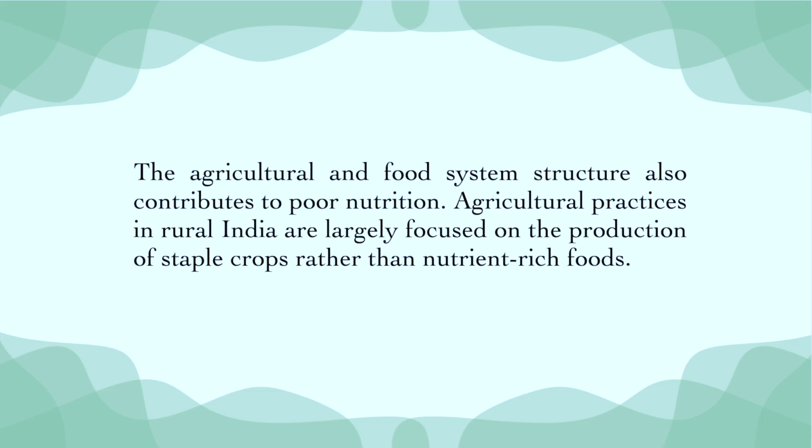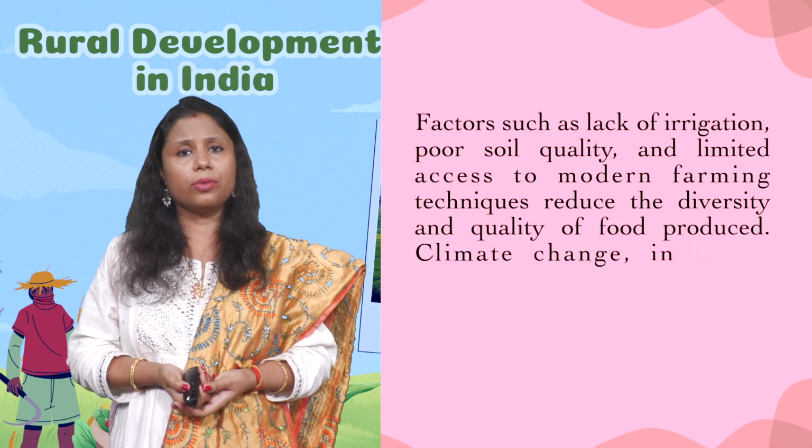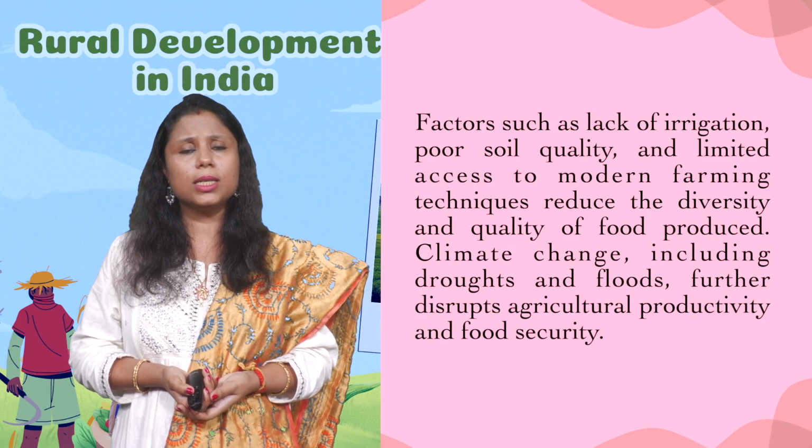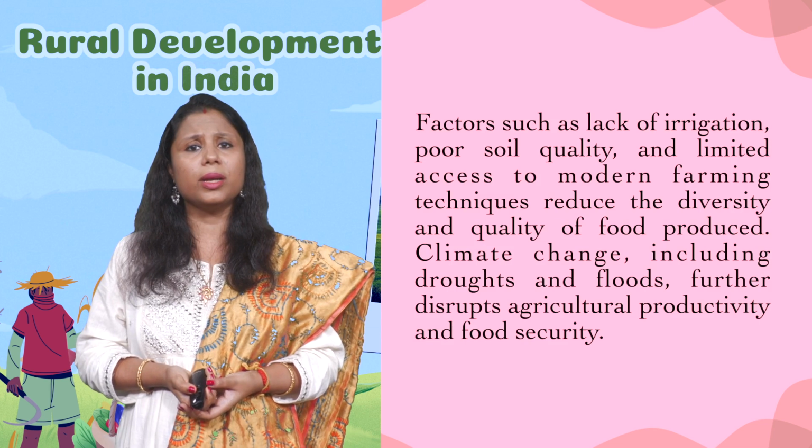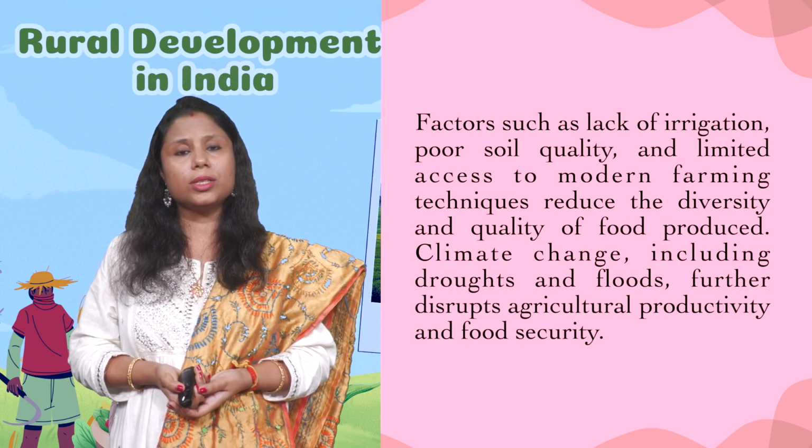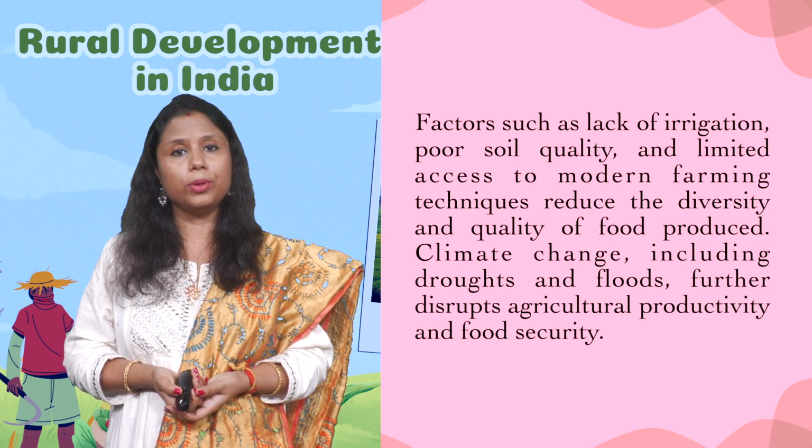Then, another factor which contributes to poor nutrition in rural areas is the agriculture and food system structure. Agricultural practices in rural India are largely focused on production of staple crops rather than nutrient-rich foods. Factors such as lack of irrigation, poor soil quality, and limited access to modern farming techniques reduce the diversity and quality of food produced.